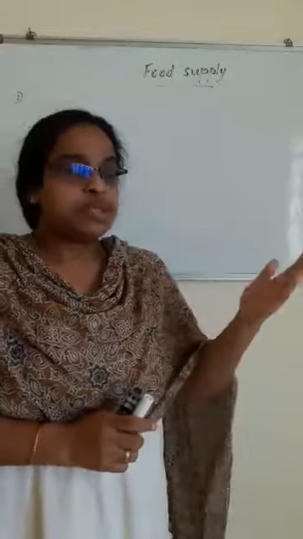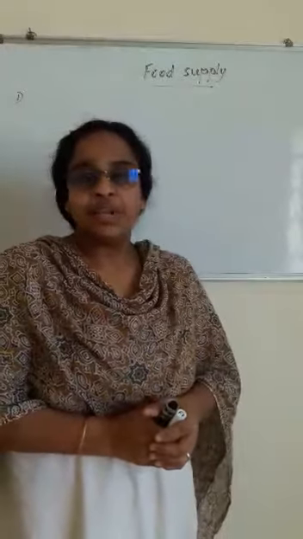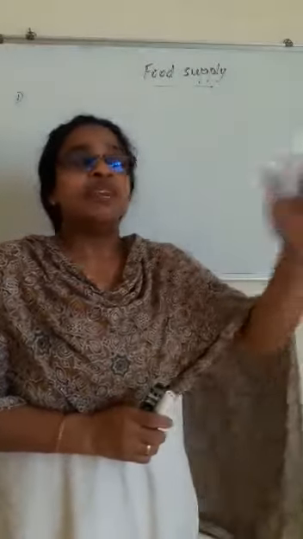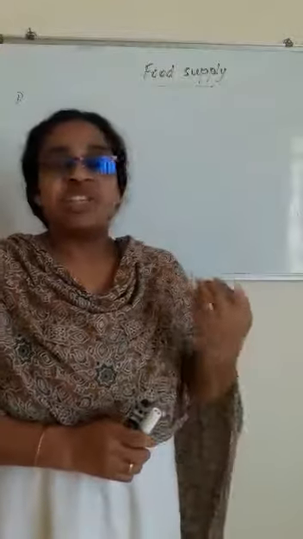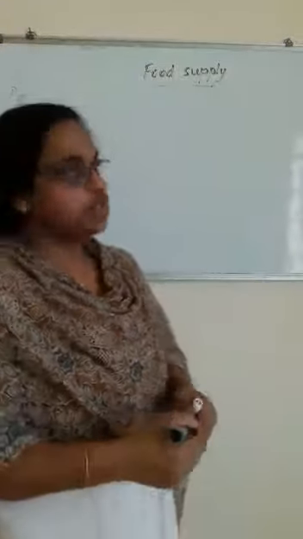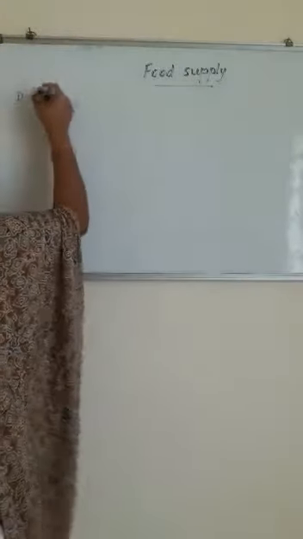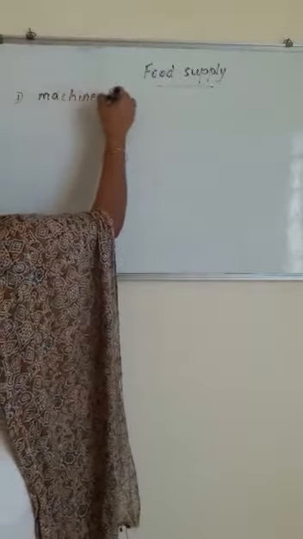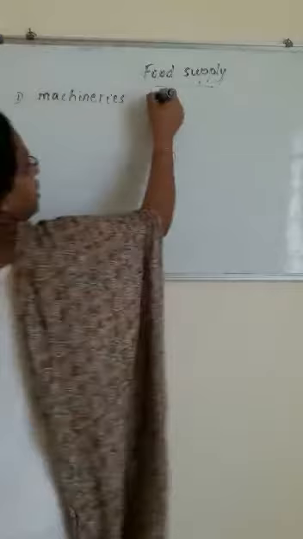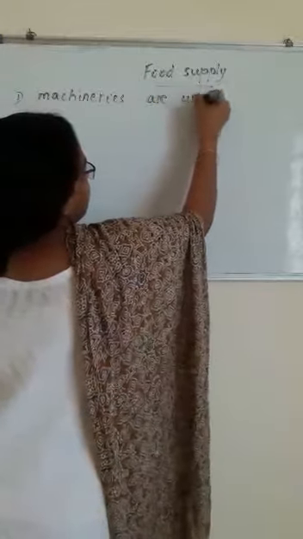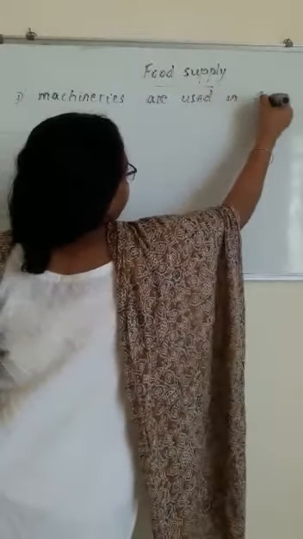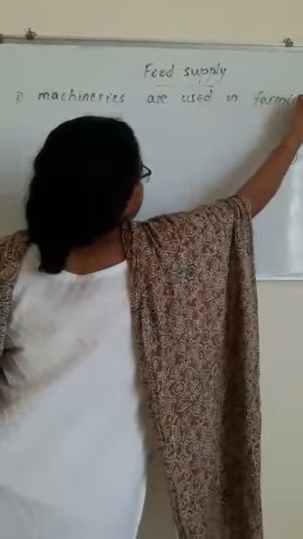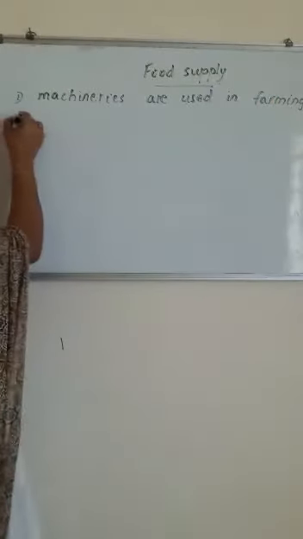Before, all these things were done by human beings, but now in big farms modern machineries can be used. So the first thing is machineries, advancement of machineries used in farming. So it increases the food supply.